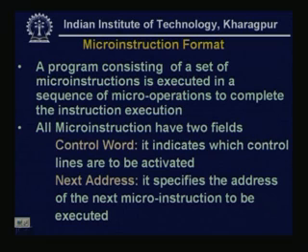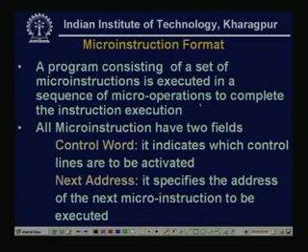Now, a program consisting of a set of micro instructions is executed in a sequence of micro operations to complete the instruction execution. As this microprogram is nothing but a set of micro instructions, it is very important what the format of this micro instruction will be, so that this sequence of micro instructions can be read to control the micro operations.